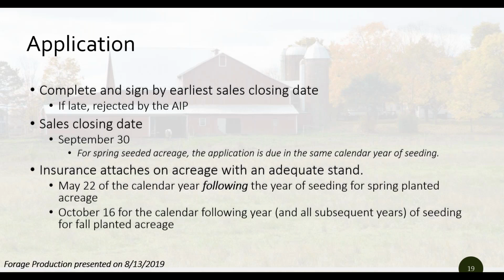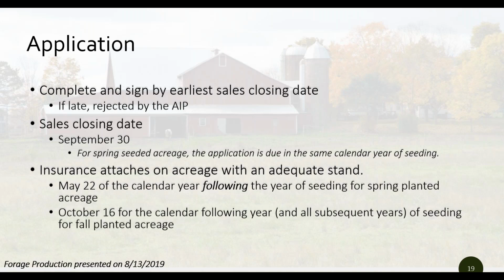So keep that in mind. And the other thing is, if you have maybe a 75% coverage level in one county, you can have 65% coverage in another county, but you can't mix and match the different coverage levels within a county. So when the AIP receives your properly completed and timely submitted application, it'll process your application for coverage.